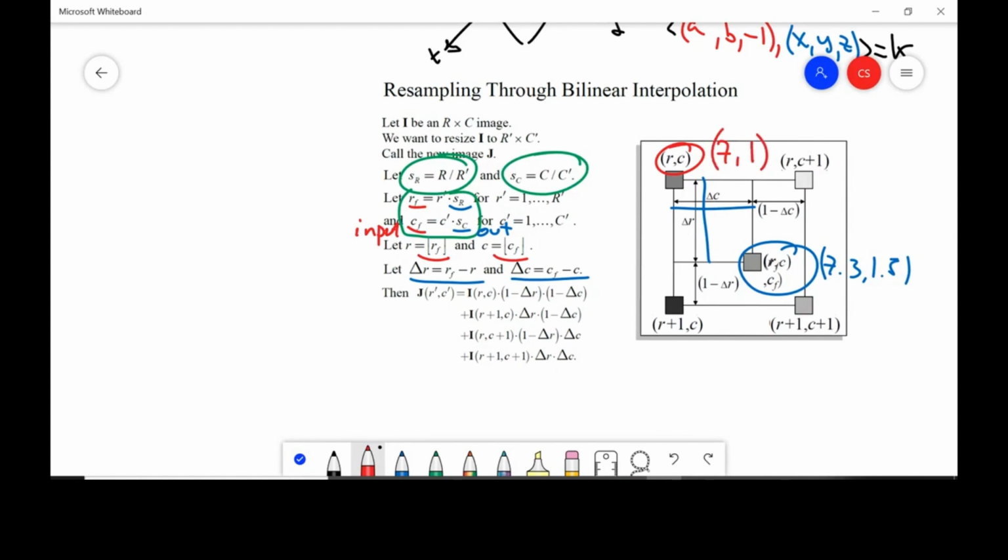And then we have the 0.3 here, 0.3 here, 0.5 there. So this is 0.5, this is 0.3. These ones here, this is 7. Okay, and we have the 4 coordinates.